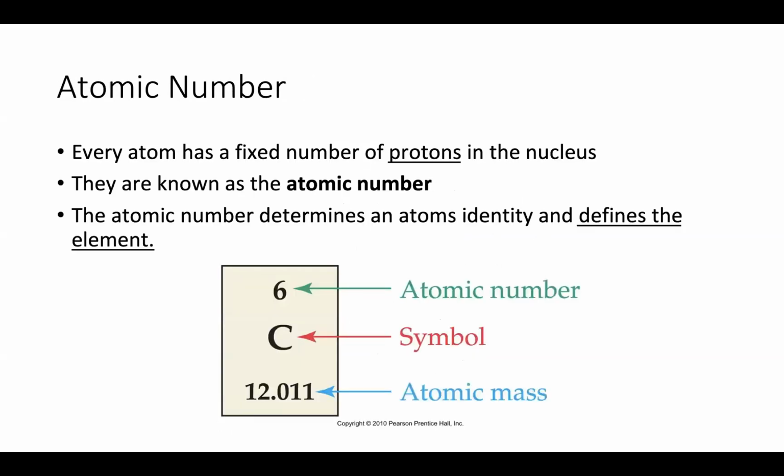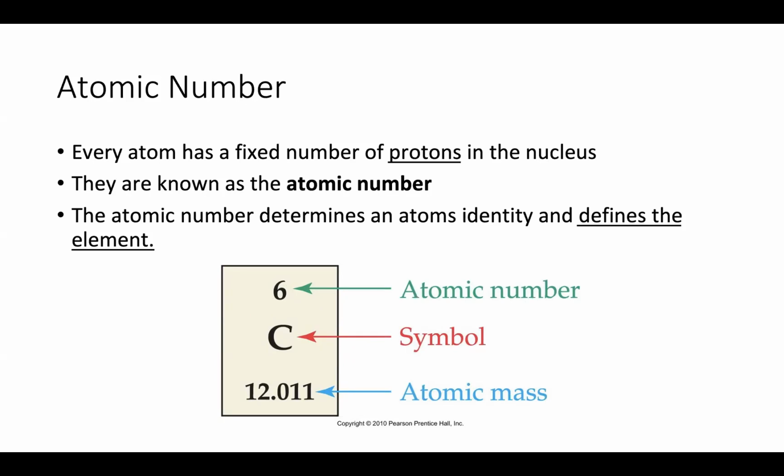And so, great. That brings me to my next point, the atomic number. So you've seen the periodic table before where we have our chemical symbol in the middle. We talked about that, right? The chemical symbol is just the 1 or 2 letter abbreviation of the name of the element. And then above that, in most cases, we're going to find a whole number. This whole number represents the atomic number. The atomic number is a number that is unique to every element, and it represents the number of protons in the nucleus of the atom.